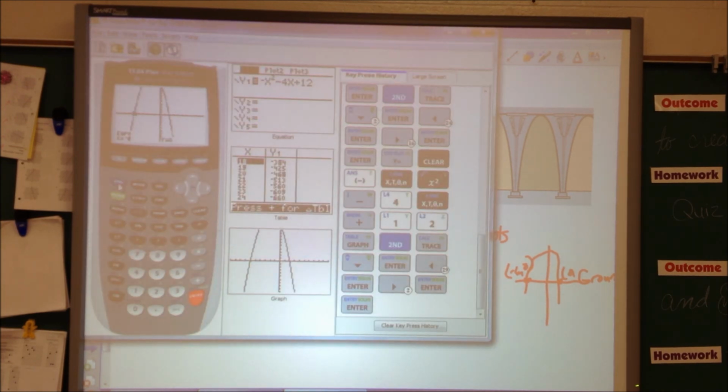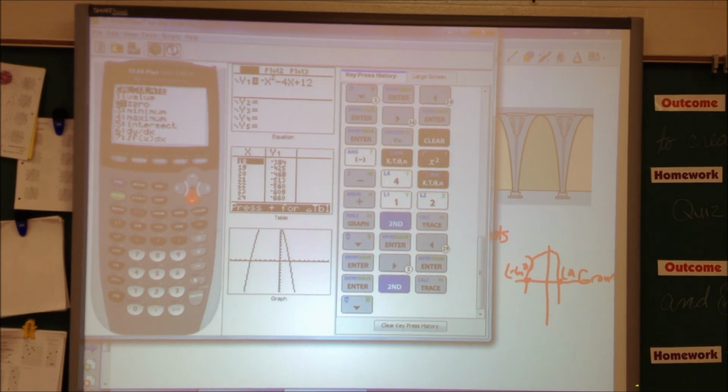So I'm going to second, calculate again. I want to find the other zero, hit enter, and this time I need to arrow over, so I'm going to keep going. See, it's going up, my y value is going up, 15, 15, 15, 15, 15. Now it's coming down, so that means I'm coming down my parabola now. So I can start to look for my cursor. It should be down here. There it is.